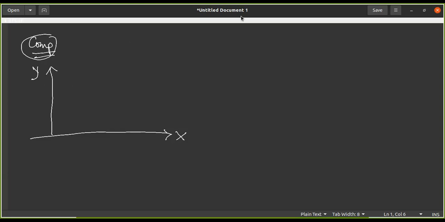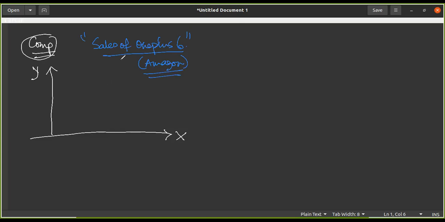So let's say I'm plotting the data related to the sales of OnePlus 6. Maybe I have got this data from Amazon, because Amazon is the partner for OnePlus 6, if I'm not wrong.